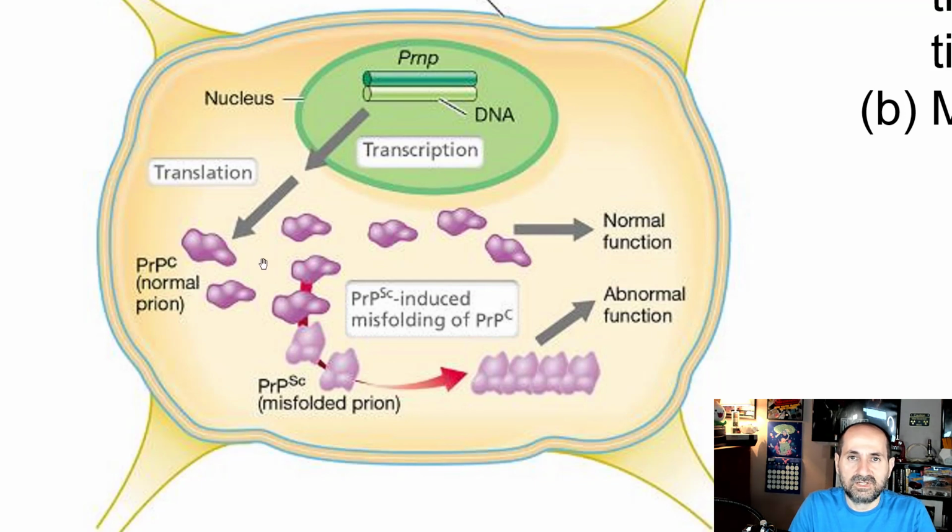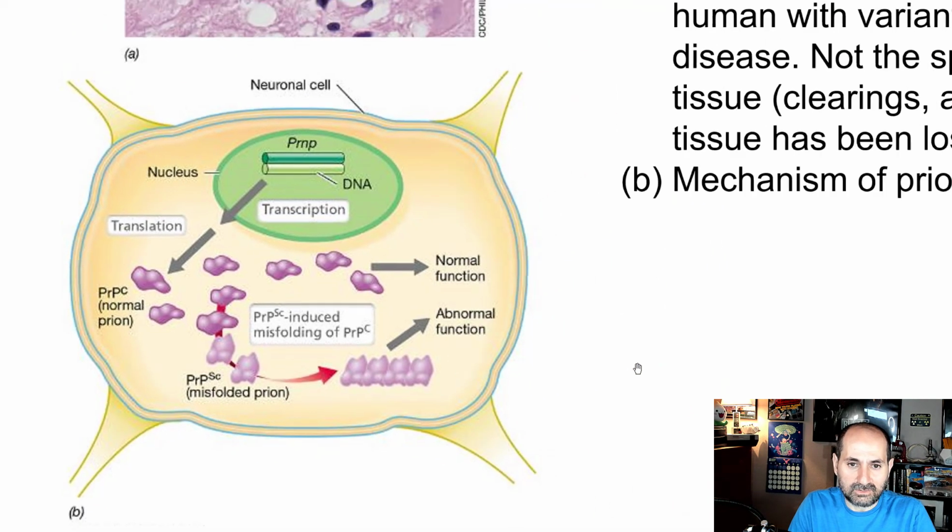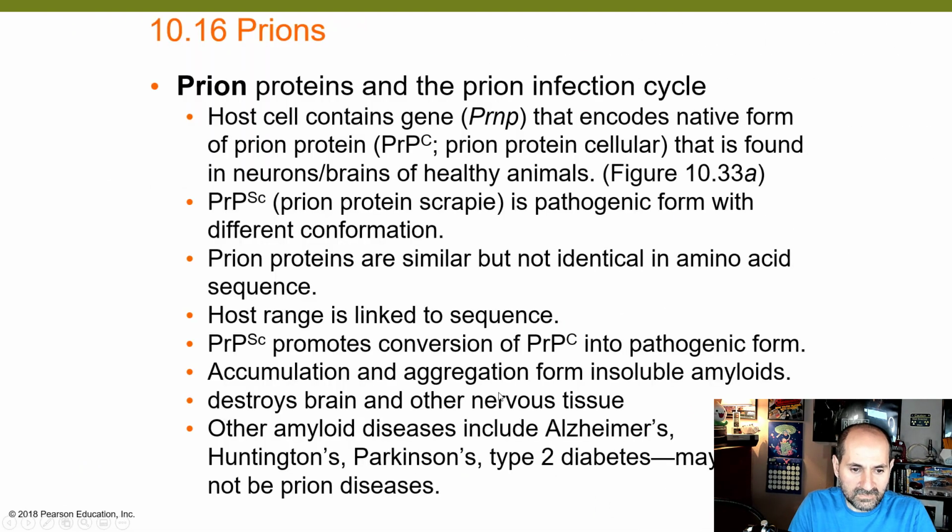So you see what happens? It's like a cascading event. Your own prion proteins touch misfolded prion proteins, and then that causes your own proteins to misfold, and then that causes them to group up together, like clump up together. Normally your prion proteins should not clump up. Misfolded prion proteins clump up, and these cause these aggregates in the brain.